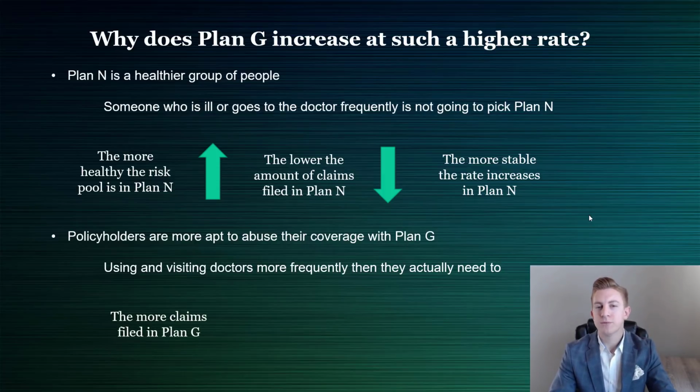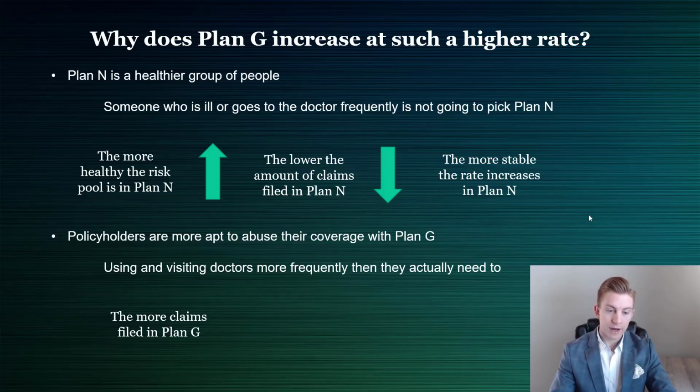To give you an example, let's say that somebody was coming down with a cold, and if their deductible was already satisfied with the Plan G, they would not pay anything at the doctor for that visit. Whereas on the Plan N, there would be a $20 copayment, so somebody may be more apt to say, well, I don't need to actually go to the doctor. Let me give it a couple of days and see if I get over it.